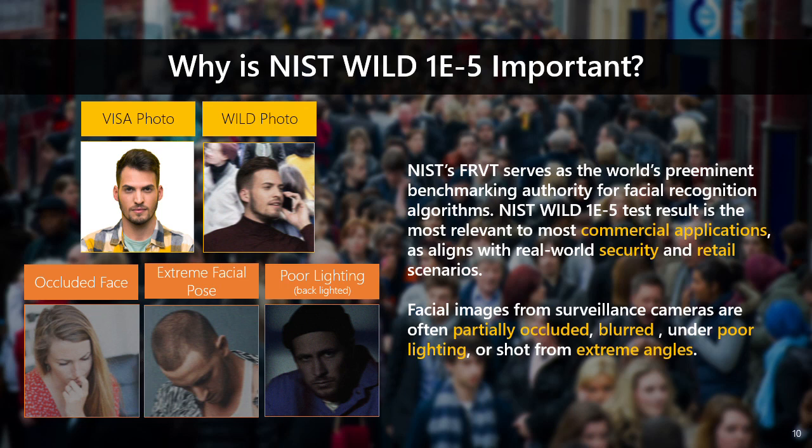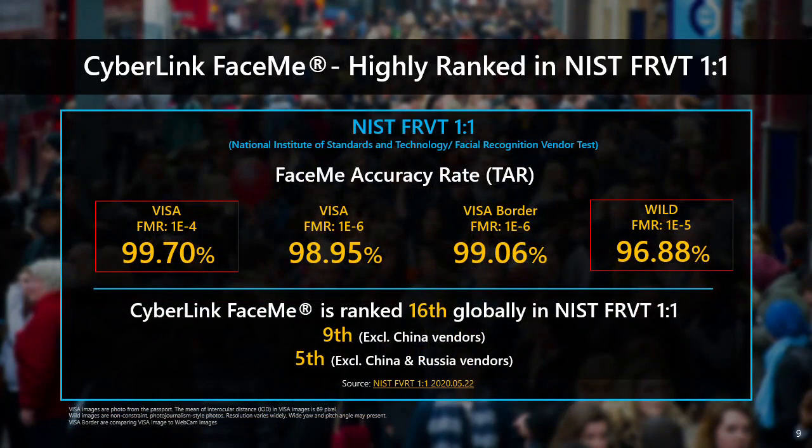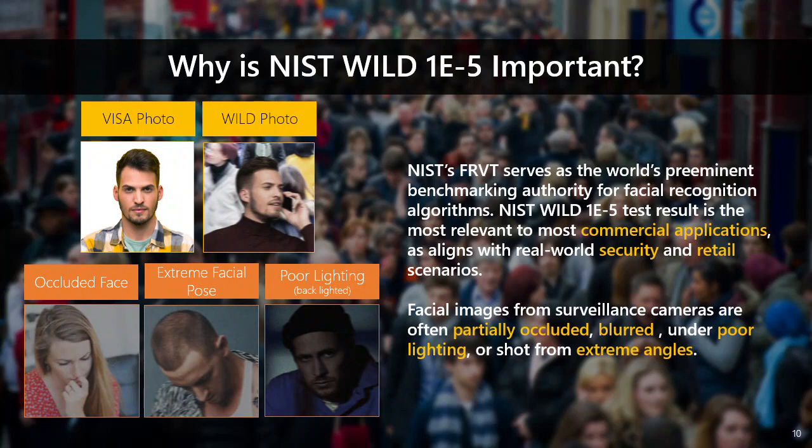Additionally, some of the photos or videos might be captured in poor lighting or with very strong backlighting. That kind of test is very extreme in facial recognition. As you can see, in the wild test we still have a 96.88% accuracy rate. That is very valuable for surveillance types of applications.